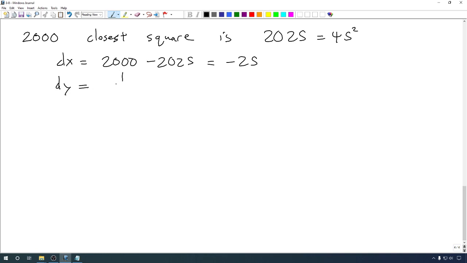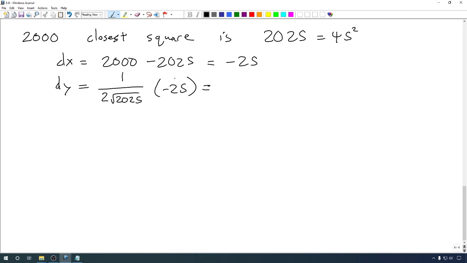Remember, our dy was 1 over 2 times the square root of x, with x in this particular case being 2025, times our dx, which is negative 25. Of course, the square root here is 45. We have 2 times 45, but we also have a negative 25 on top.